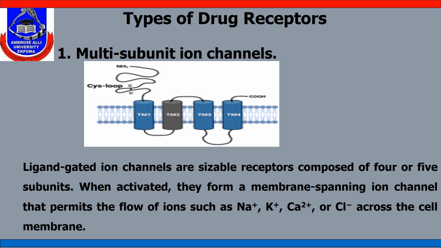These are ligand-gated ion channels. They are sizable, composed of 4 or 5 subunits. When these receptors are activated, they form a membrane spanning ion channel that permits flow of ions such as sodium ion, potassium ion, calcium ion, or chloride ion across the cell membrane.